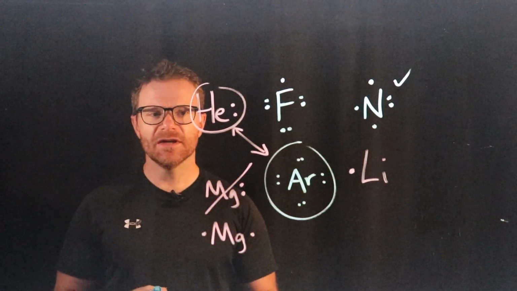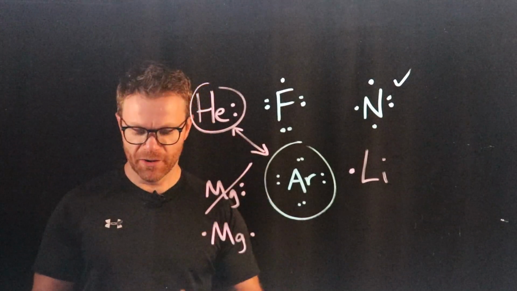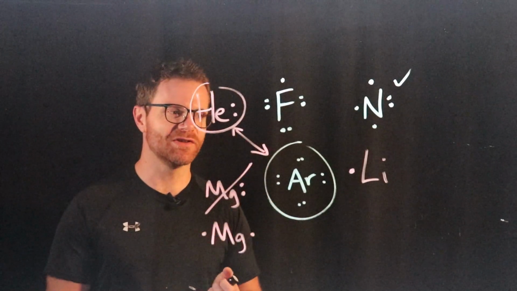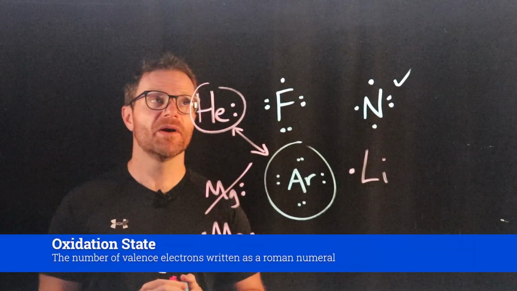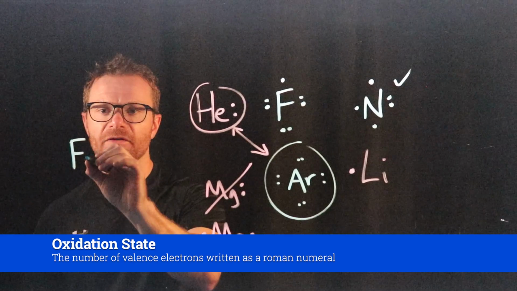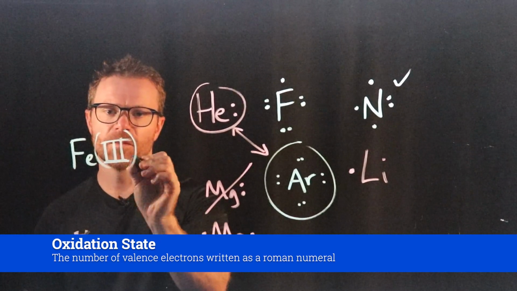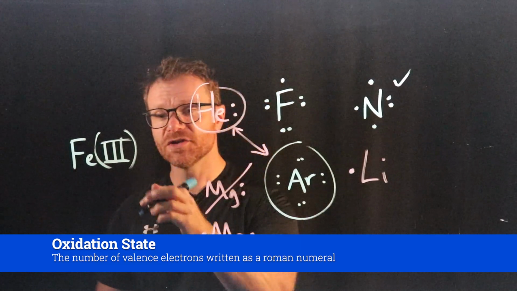And usually, if I'm asking you to draw a Lewis diagram of iron, I'll tell you what the oxidation state of that iron is. So I might say something like, draw me the Lewis diagram of Fe(III). Okay, now this is an oxidation state.